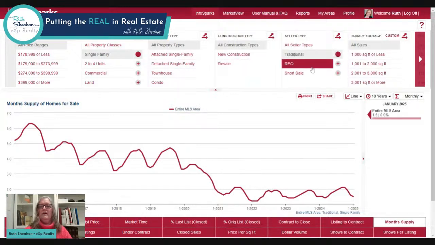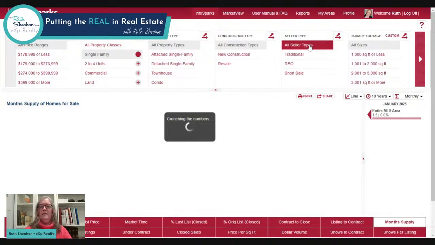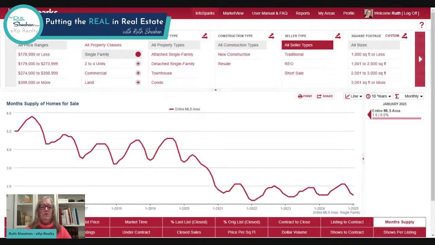Traditional sales I've got here now. When I do all, it really doesn't change a whole lot. For the most recent information, this particular view goes back 10 years. So I would expect it might change that a bit when we're looking at 2015, 2016.